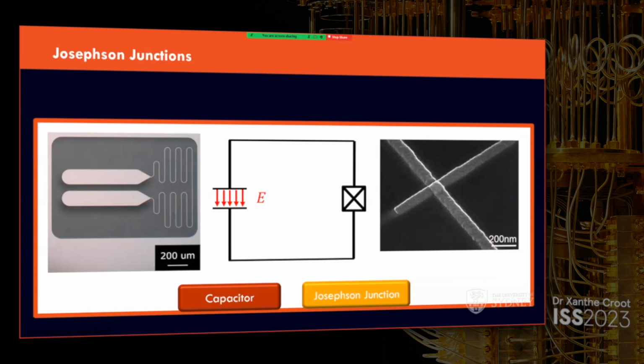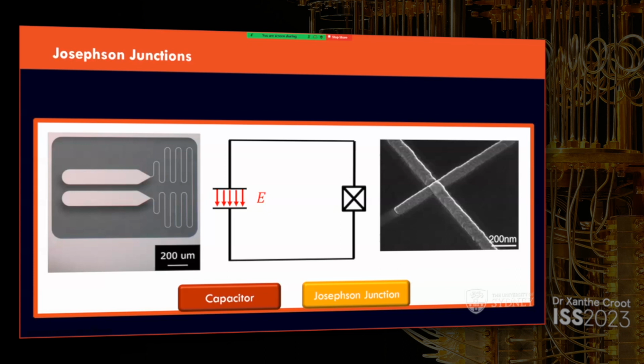What does a Josephson junction look like? This is a scanning electron micrograph of a Josephson junction. We basically have one layer of aluminium that we deposit, and then we oxidize it, and that aluminium will grow maybe 2 or 3 nanometers of aluminium oxide, which forms the insulator. And then we come down and put another layer of aluminium over the top.